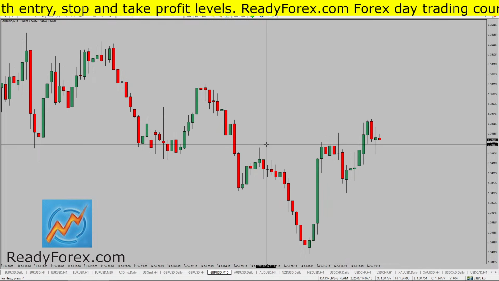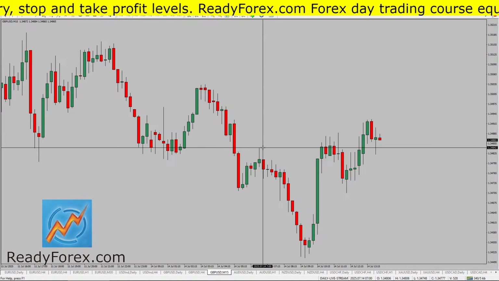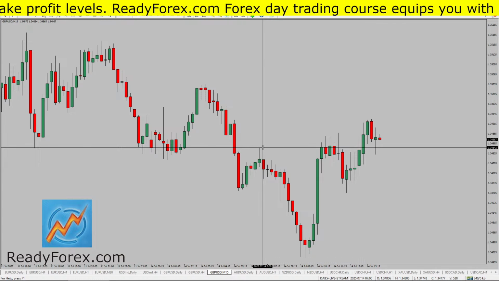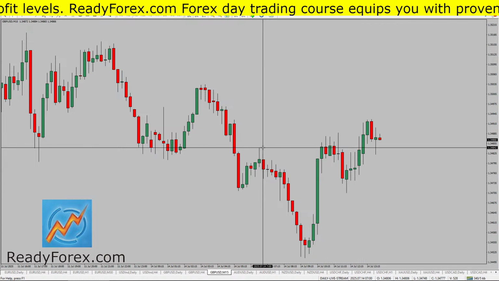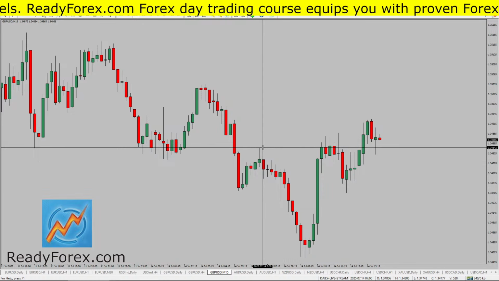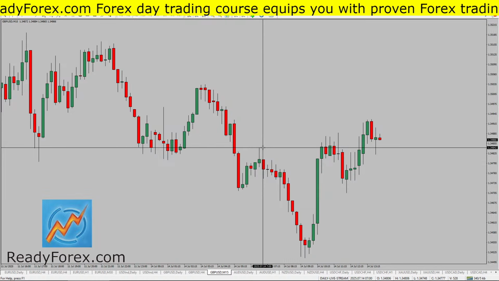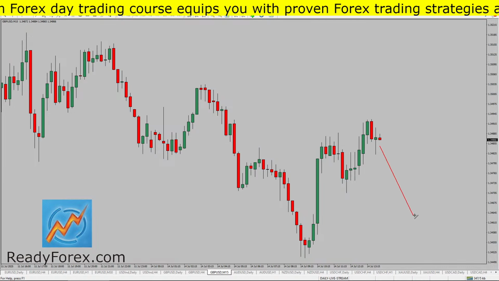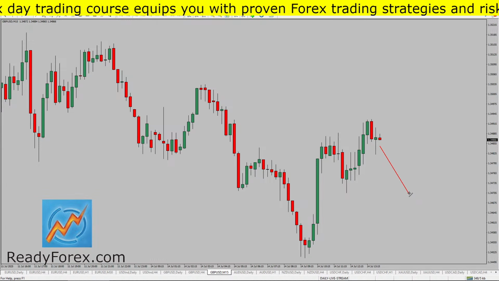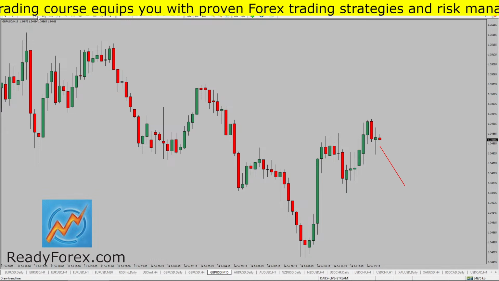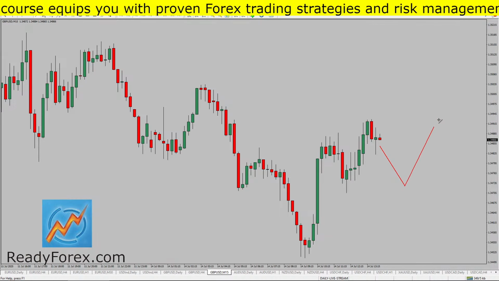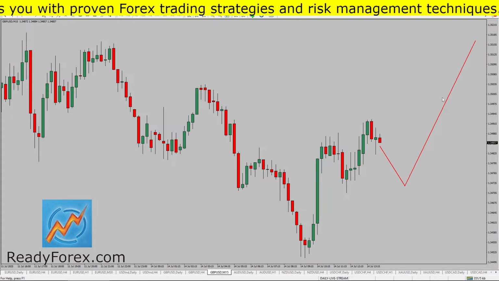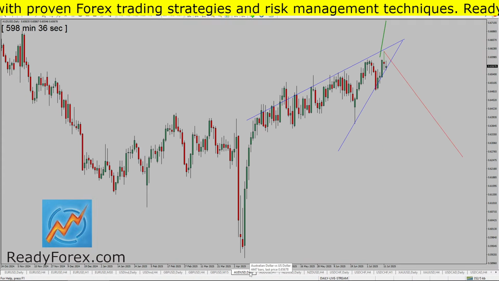This looks to me like we got the breakout right over here, and price action showed somewhat of strength. It really tried to move higher. So the way I see, these things usually fall a little bit or turn sideways, and then we expect further upside in the GBPUSD currency pair.